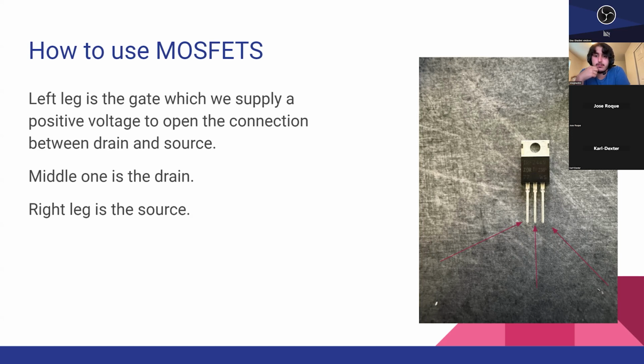What about transistors? Do they work similar to MOSFETs, or is that different? Oh, okay. So MOSFETs are basically transistors. The FET is basically field effect transistor, and the MOS is metal oxide semiconductor field effect transistor.